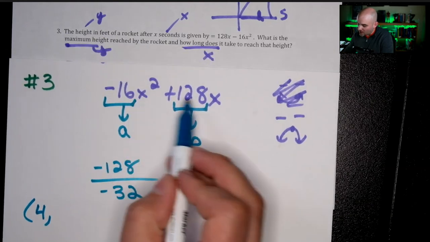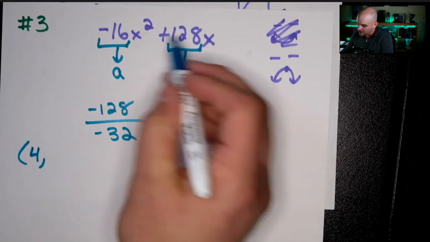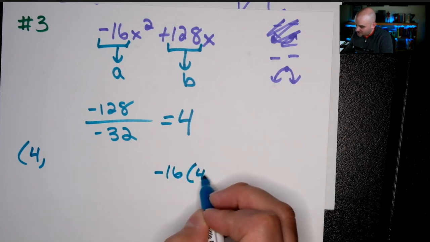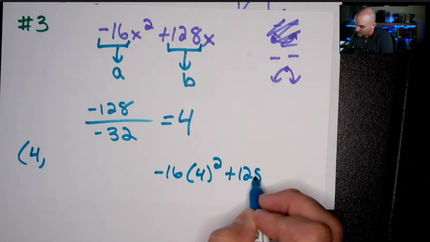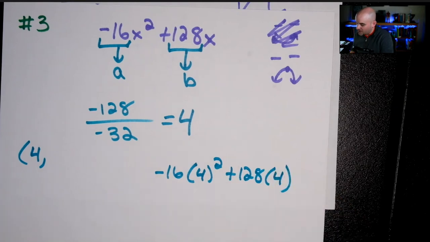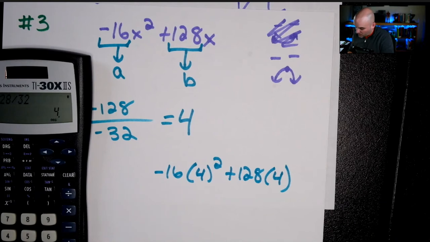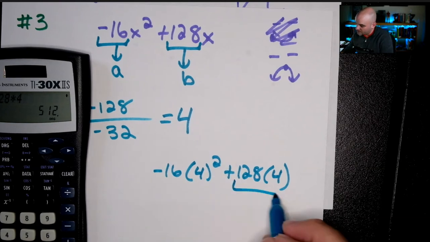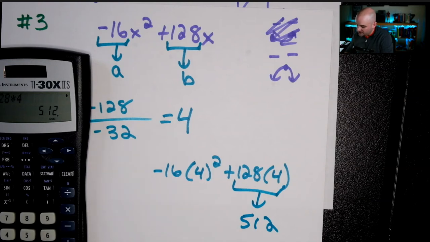And now to find the Y value, I'm going to put it into the function. So I'm going to end up with negative 16 times 4 squared plus 128 times 4 here to get a maximum height. So 128 times 4 gives me 512. 4 squared is 16, so you end up with negative 16 times 16, which should be negative 256.